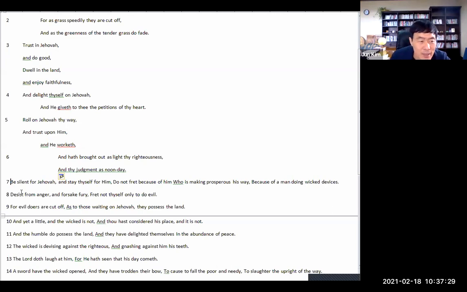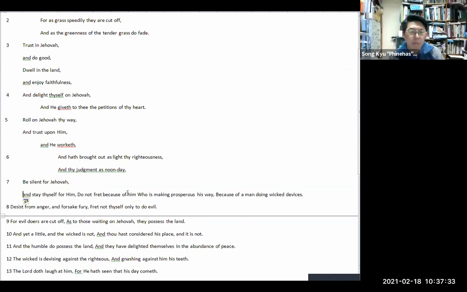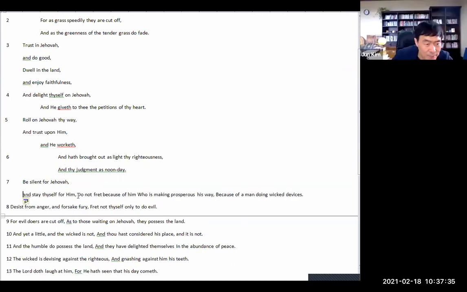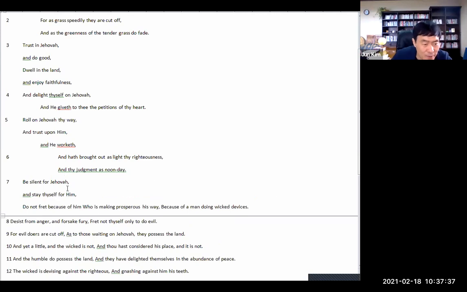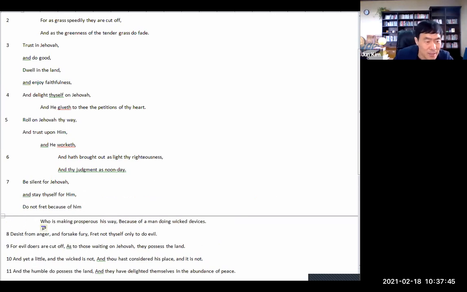First level. First level, right. So this one, and stay thyself for him. Do not fret because of him who is making prosperous his way. So who is dealing with a sentence, so it should be a second level, right? Who is making prosperous his way?